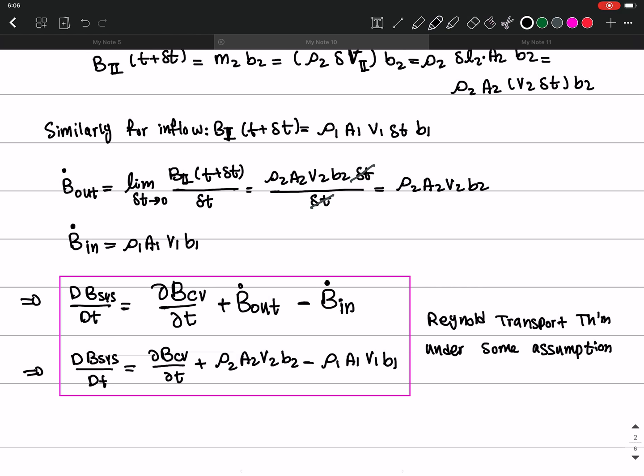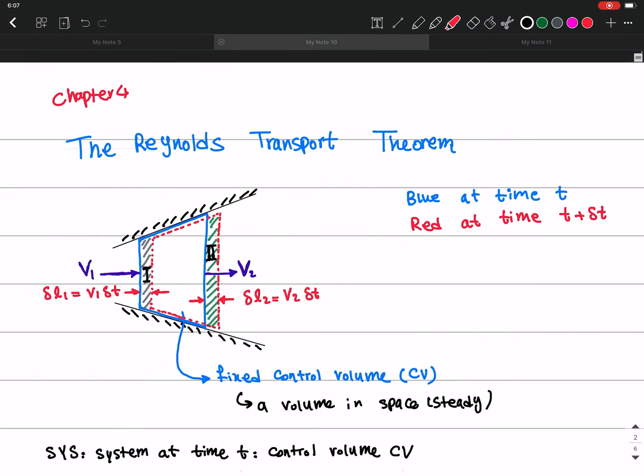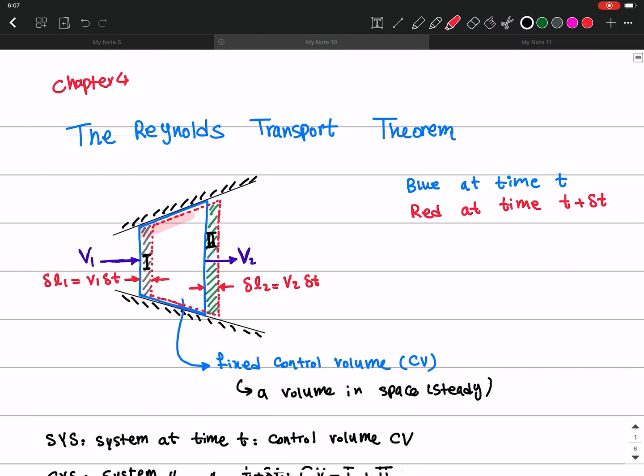Okay, the 3D form of that, the more general form of that. But I just want you to think about it physically. What does this mean? This is a very simple formula. This means that the total change of a parameter, a fluid parameter in a system, equals to the local change of that parameter in a given fixed control volume, which can be this one.